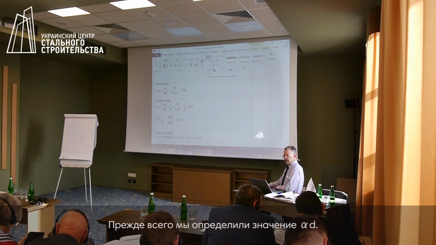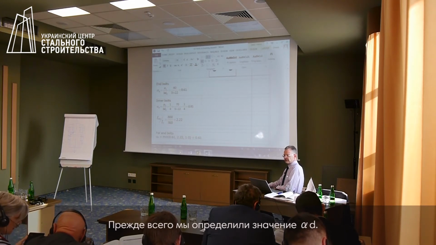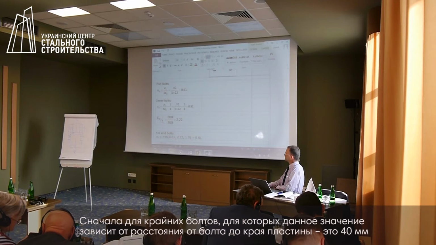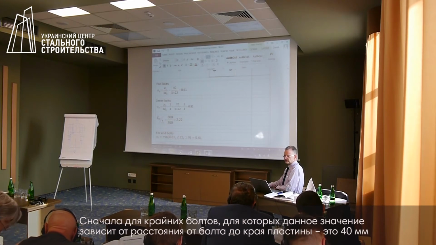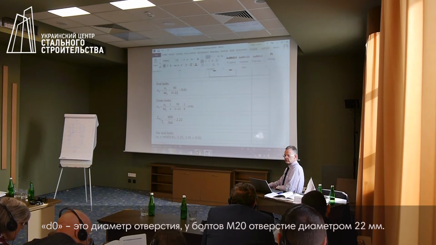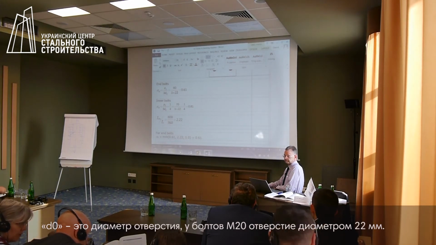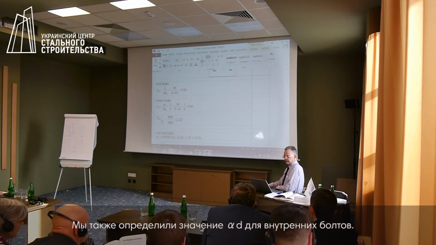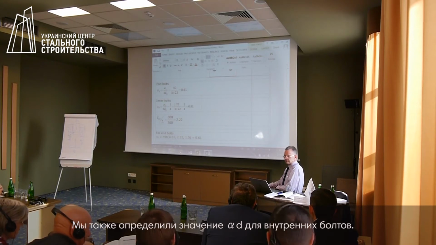So we calculate alpha D first of all for the end bolts, and the end bolts are affected by the end distance, 40 millimeters. D0 is the diameter of the hole, so for an M20 bolt, the hole is 22 millimeters diameter. We calculate alpha D for the inner bolts.